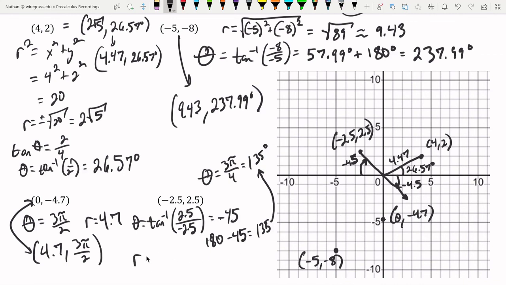Now r we do need to find. It's going to be the square root of negative 2.5 squared plus 2.5 squared. And doing that on the calculator gives us 3.54.